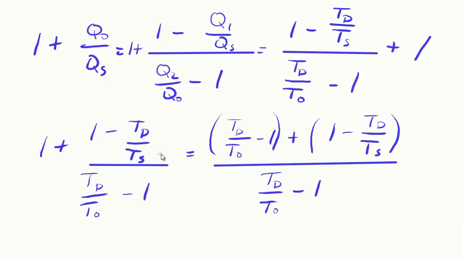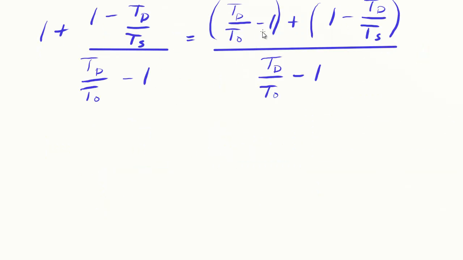This first step basically took the bottom of the fraction and I made this 1 the top and the bottom, and then I'm adding these two terms on the top here. You can see this TD or T naught minus 1 is the same thing here, and now I can simplify the top. You'll see we have a minus 1 and a plus 1, so those will cancel out. So I'm going to cross those off, and now we have something that looks like this.